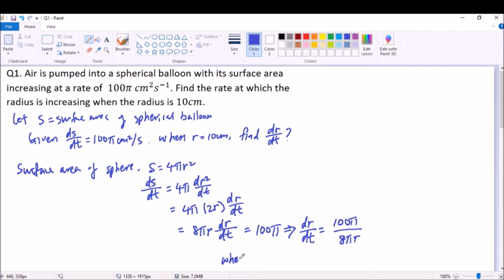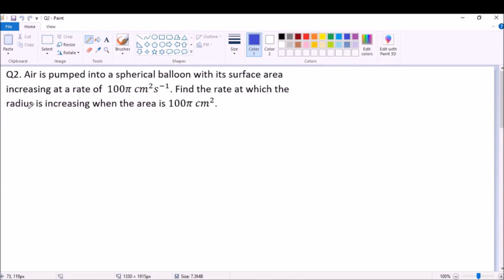So when r equals 10 cm, dr over dt will be 100 pi over 80 pi, which is 1.25 cm per second.